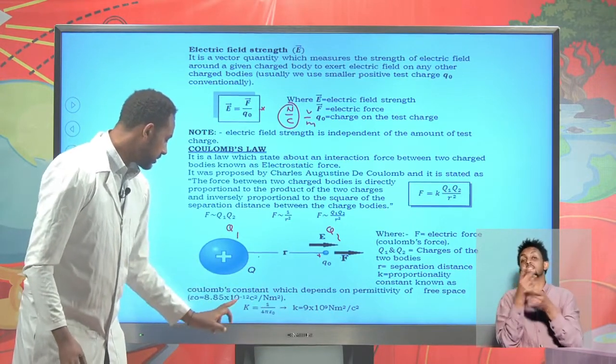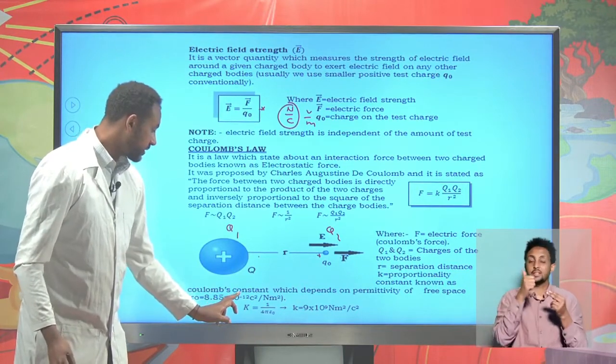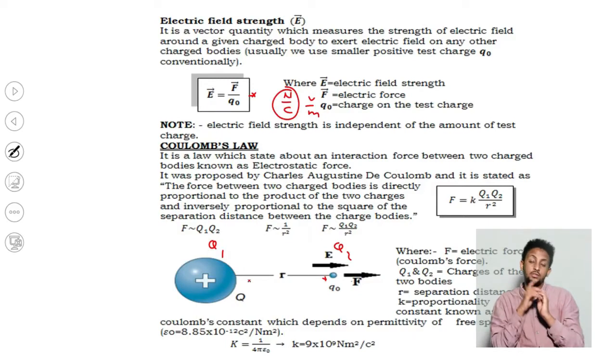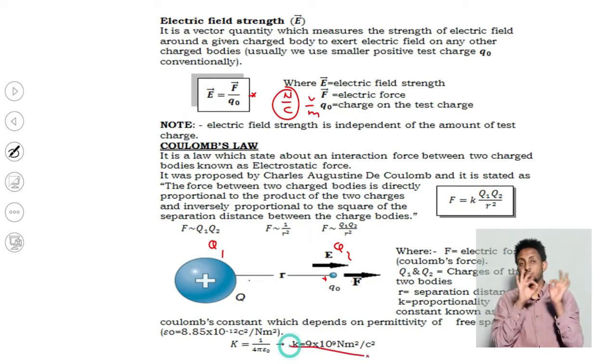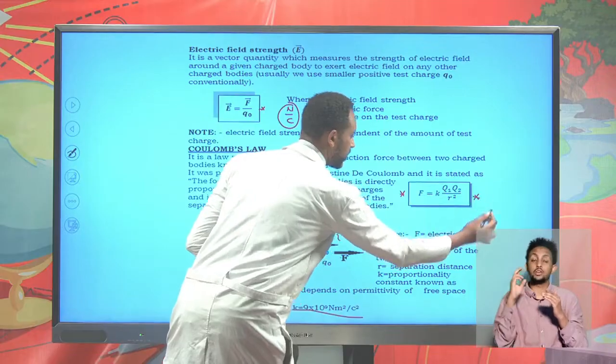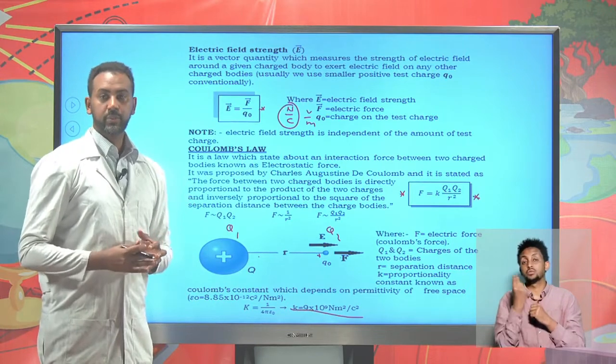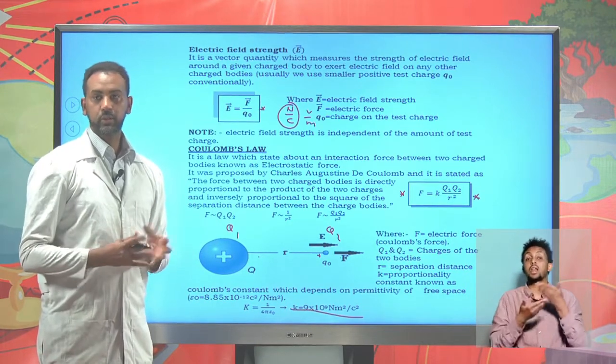If you substitute the permittivity of free space, 8.85 times 10 to the power of minus 12 Coulomb squared per Newton meter squared, you find Coulomb's constant to be 9 times 10 to the power of 9 Newton meter squared per Coulomb squared. So the electrostatic force F equals k times Q1 Q2 over r squared. This is a very important equation used to express the interactive force between two point charges.